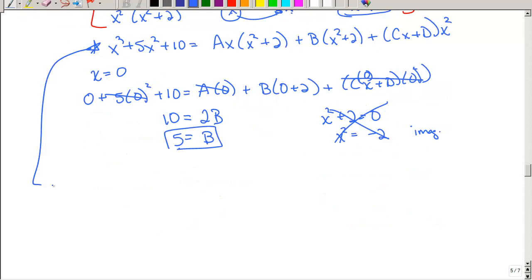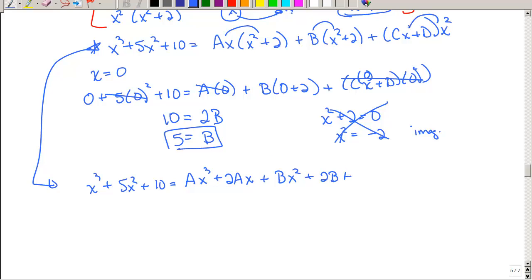So again, I'm going to expand this out by distributing, and distributing.